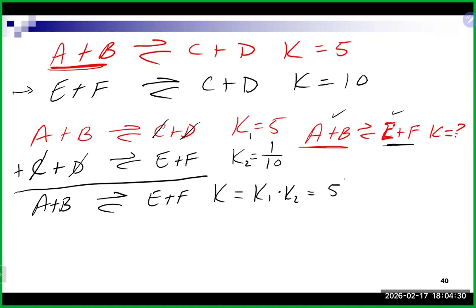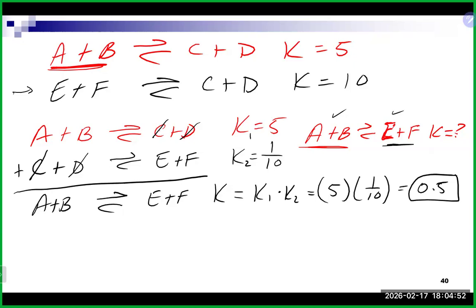So that would be 5 times 1 over 10. Again, we're not adding these together, we're actually multiplying them together. So we'll take 5 times 1 over 10, and that will give us 0.5 as our K value in this particular example.